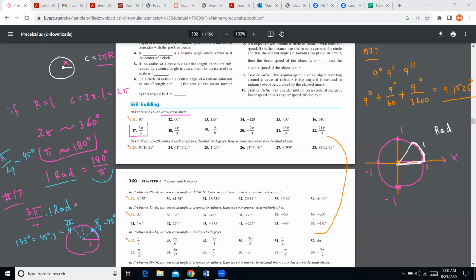So I will turn this into 3 pi over 4 times 180 over pi. Notice that the pi will go away and we'll have degrees appearing, and the answer better be the same. And notice that indeed it's 135. They say, really? Well, put it in a calculator. I just did this arithmetic here down below.